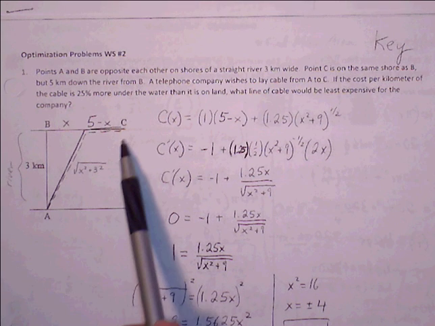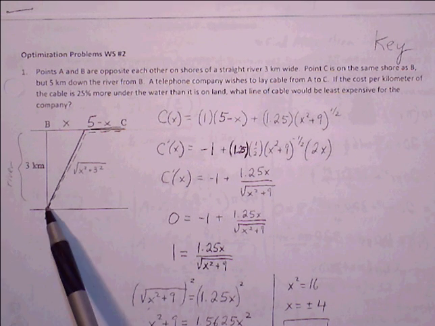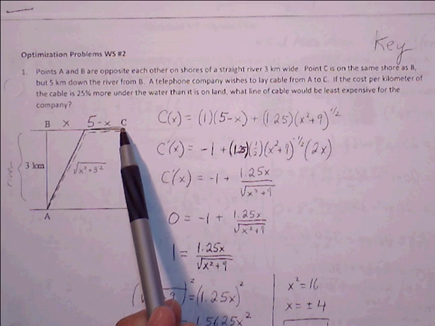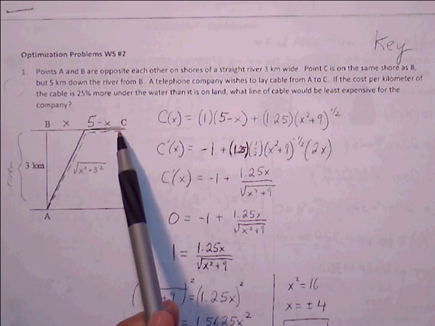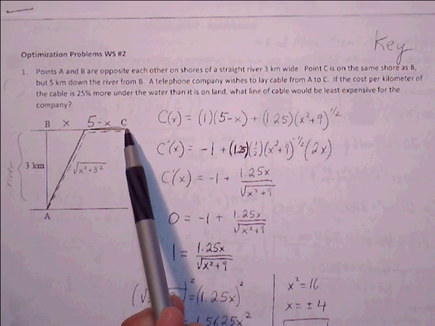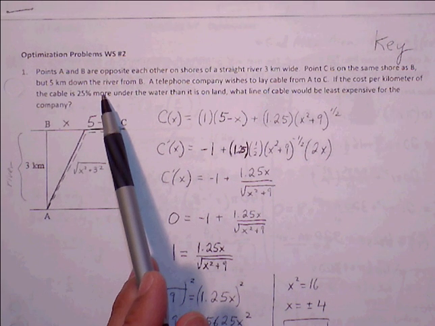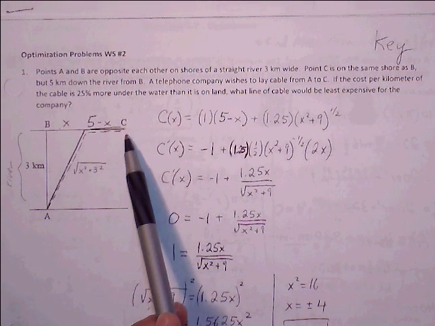So we have the shortest distance. However, this is probably not going to be optimal cost because if we put everything underwater, it's going to cost 25% more than if it's on land. So that's one extreme.